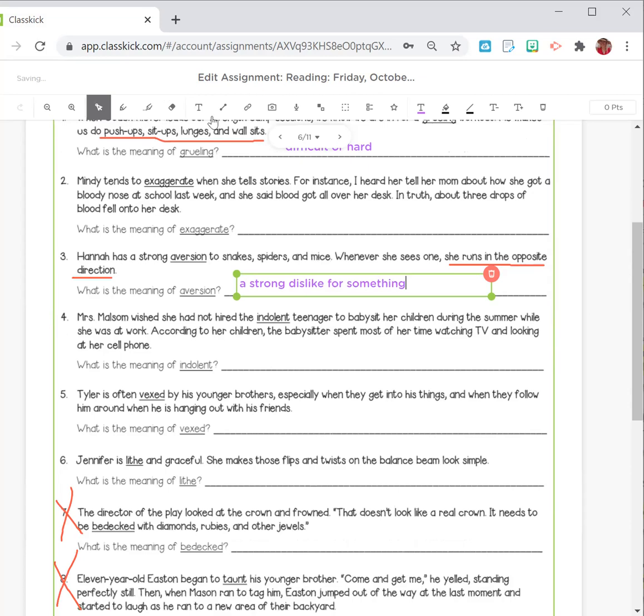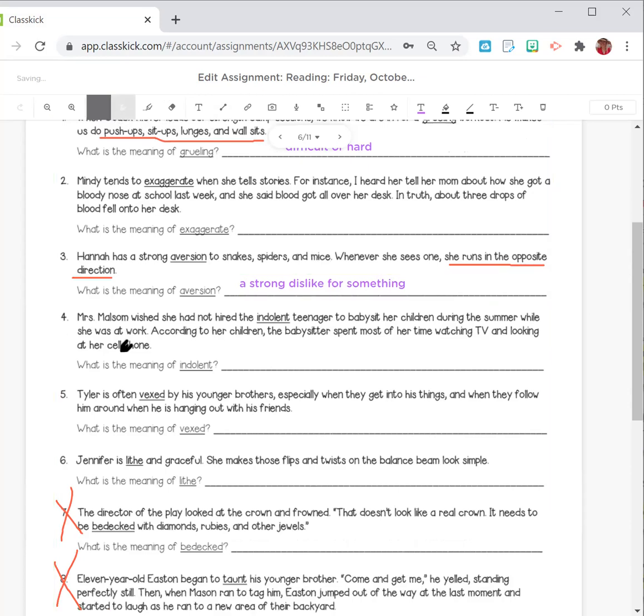And finally, number 5. Tyler is often vexed by his younger brothers, especially when they get into his things and when they follow him around when he is hanging out with his friends. So think about one of your younger siblings. If they are following you around, how would you feel? You would often be irritated.